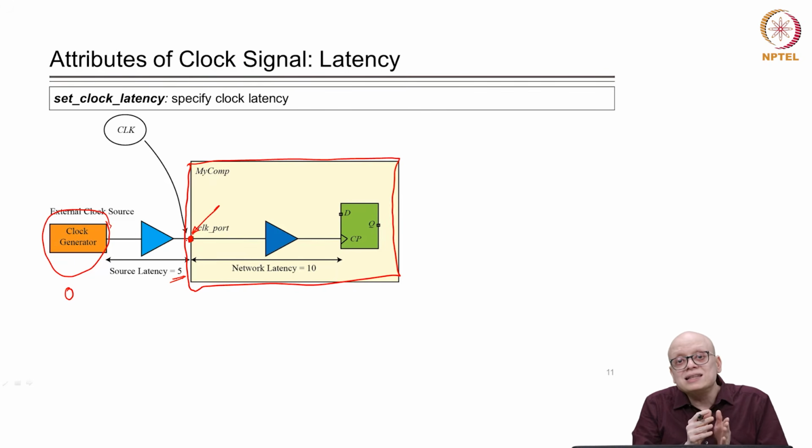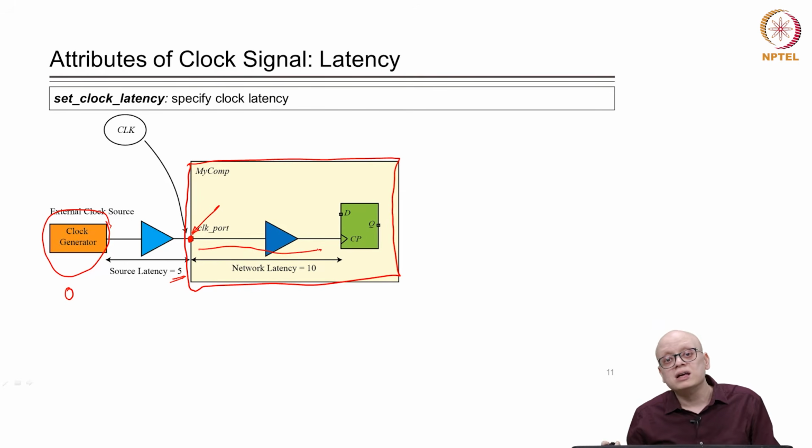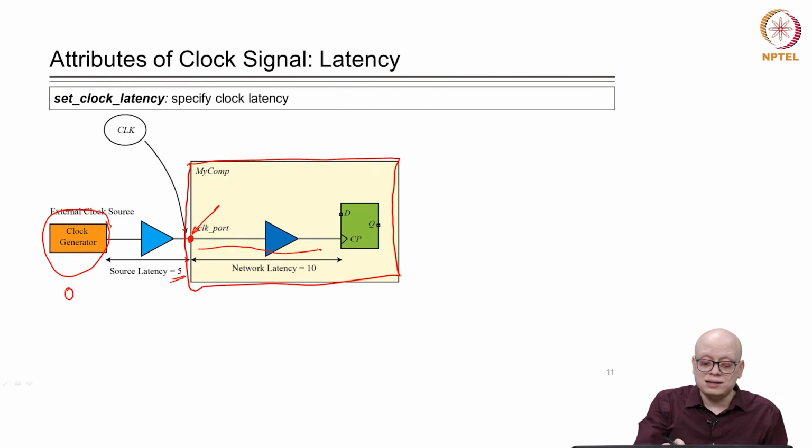So, how much delay the clock signal encounters before being generated at this point. In this case 5, that is the source latency, and from this point the clock will be propagating in our design, and it will encounter delay because of buffers, inverters in the path, and wire delays. So, let us consider how much delay it was, say 10 time units.